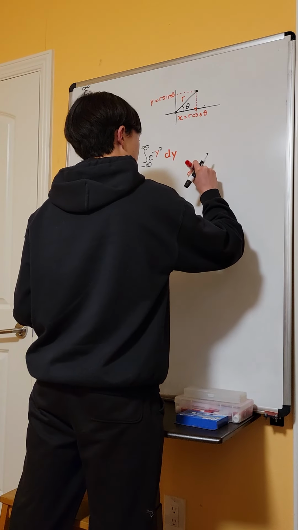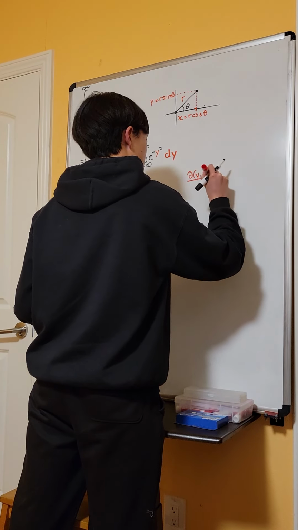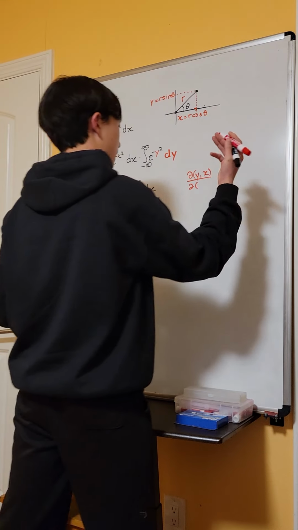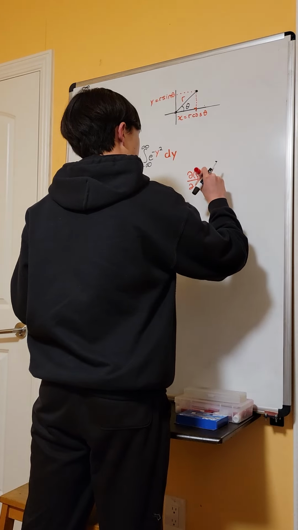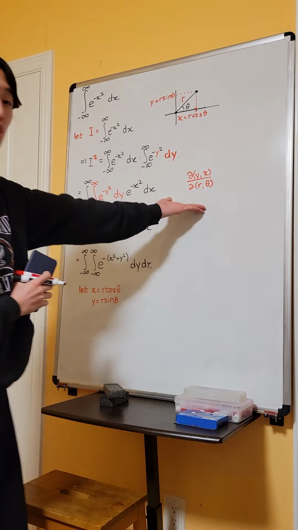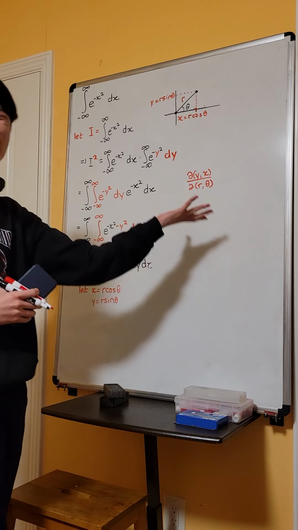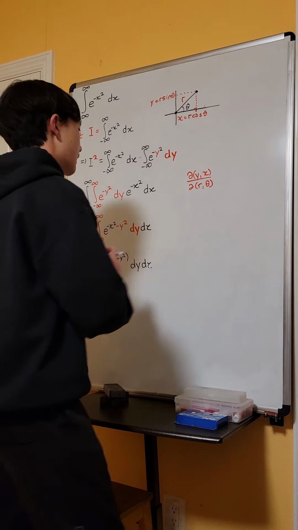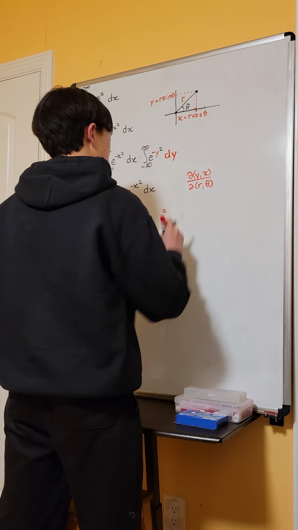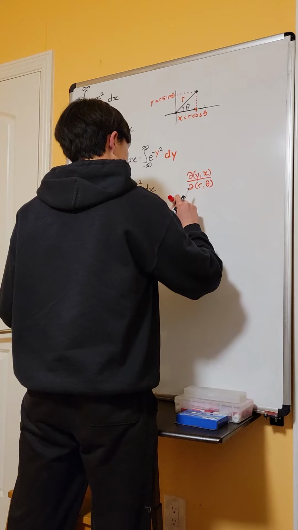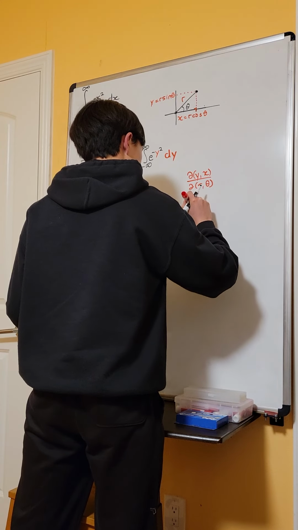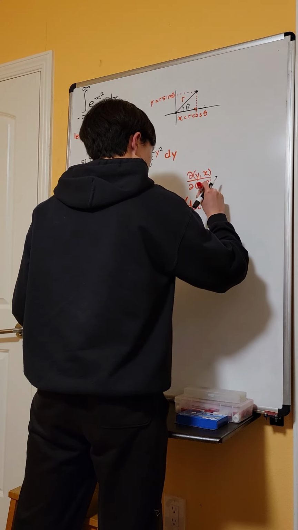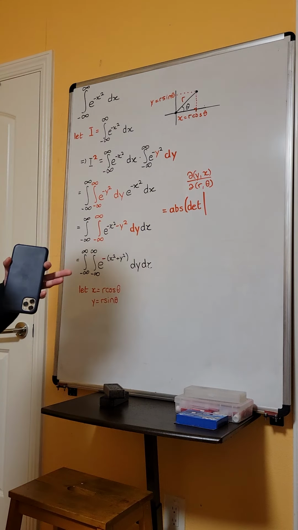So partial yx over partial r comma theta. This is just shorthand notation. You can't really tell what it means, so I'm going to expand it out for you. This means the absolute value of the determinant of this matrix, and it's called the Jacobian matrix.